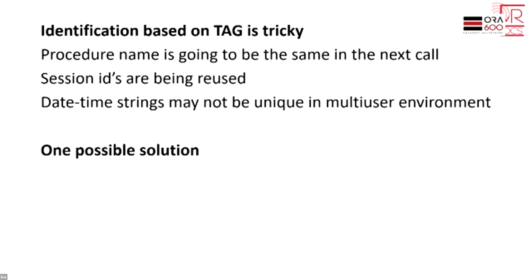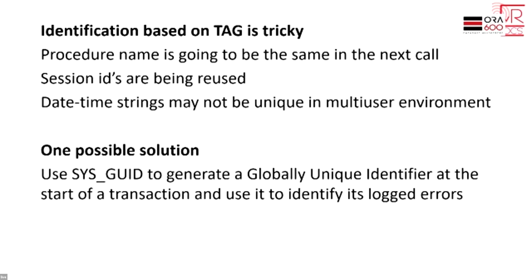What I like to do, but it's not the only thing, of course, is to generate a GUID before a transaction, use that GUID as the tag, and once I have done a DML based on this GUID, I know which rows belong to this DML statement. Clear?